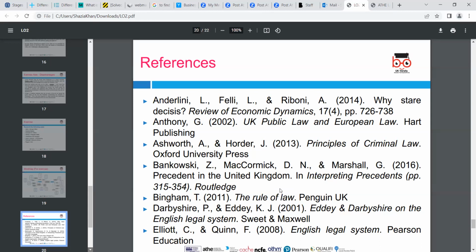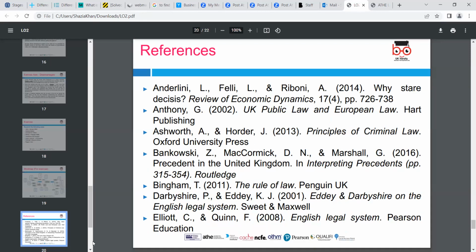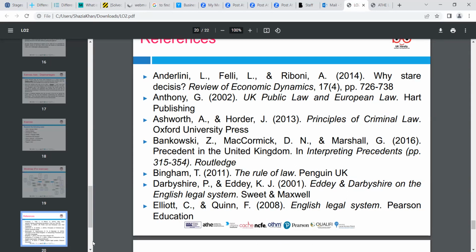You've got the review of economic dynamics, principles of criminal law, interpreting precedents, the rule of law, and the Derbyshire English Legal System. You've also got Elliott and Quinn English Legal System, which will help you in researching the cases. You've also got the Hodder principles of criminal law, and interpreting precedents, Sweet and Maxwell, Penny Derbyshire.